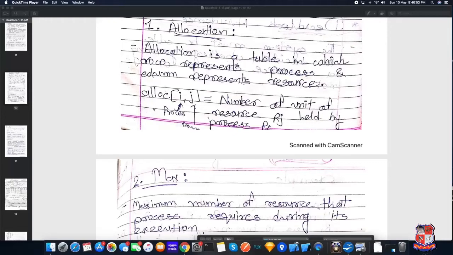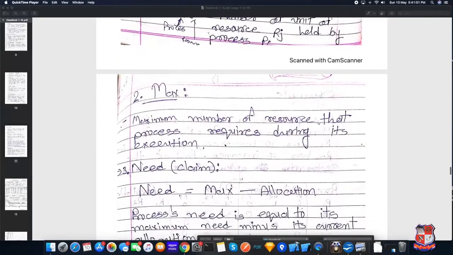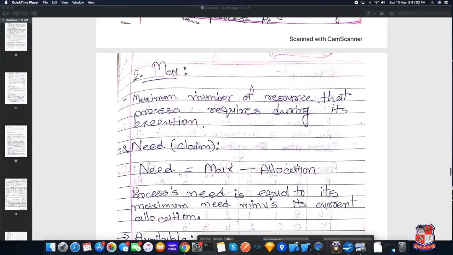We can write Alloc[i][j], where i means the process and j means the resource. The second concept is max. Max means the maximum number of resources that a process requires during its execution.